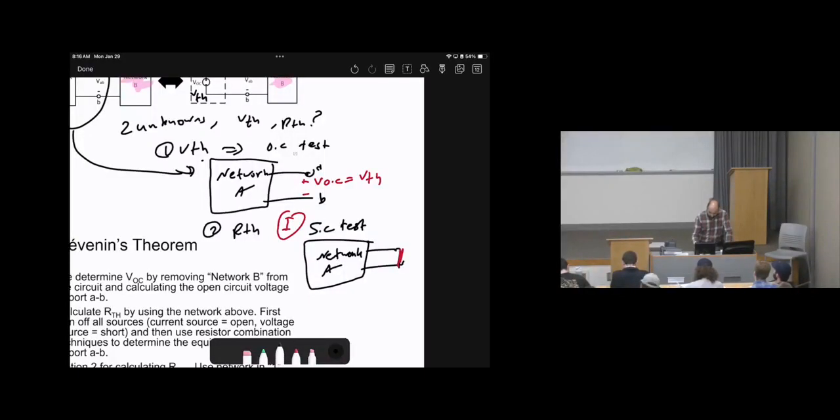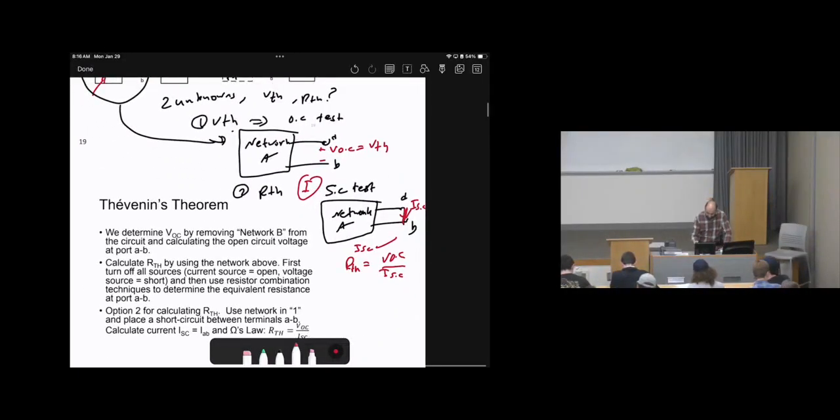Connect A and B together. So what you need to do is to calculate the current, I short circuit. After that, you will say R Thevenin will be V open circuit over I short circuit. That's one way, by doing the short circuit test.